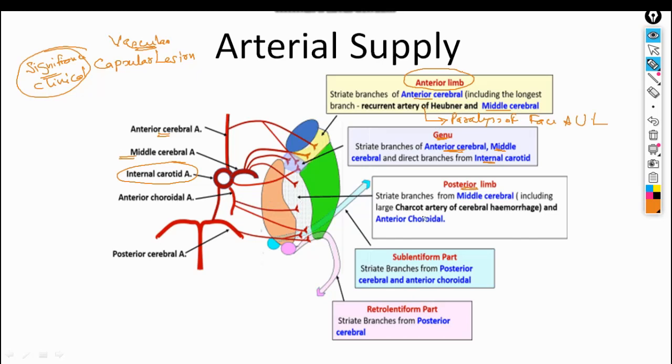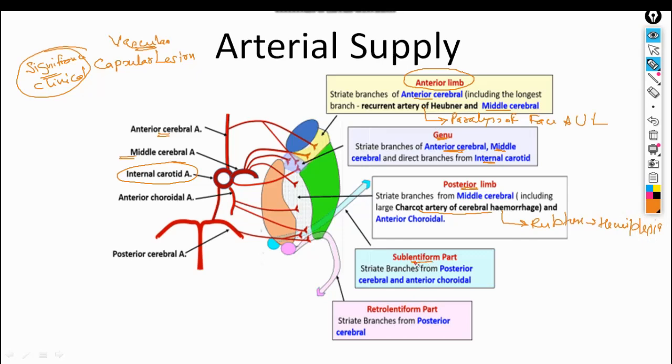Clear? So the rupture of this artery, a cerebral hemorrhage, causes hemiplegia.